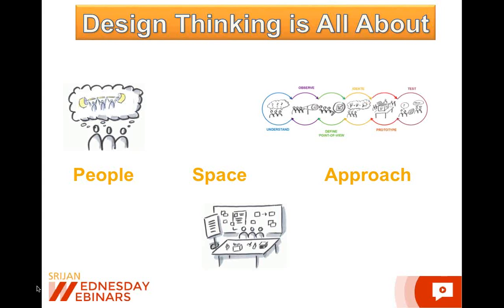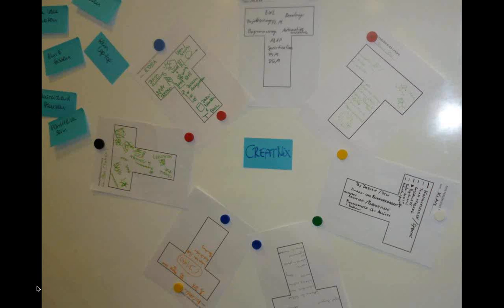When I talk about space, I'm talking about a creative space where people can move around, fiddle with things, have a storyboard, and build some physical prototypes. So that's the space aspect of it.